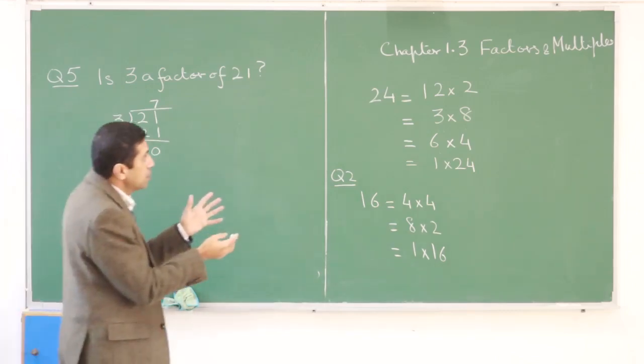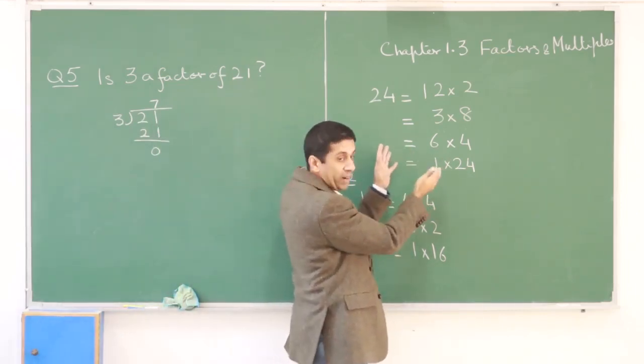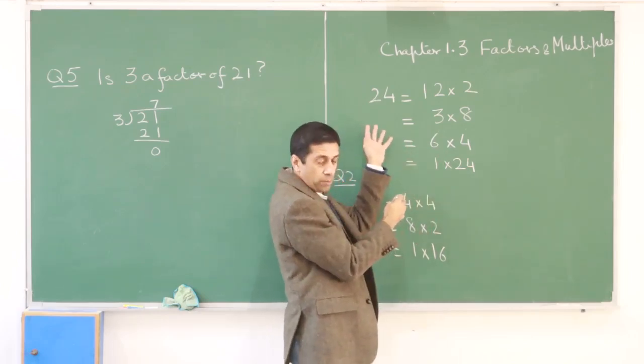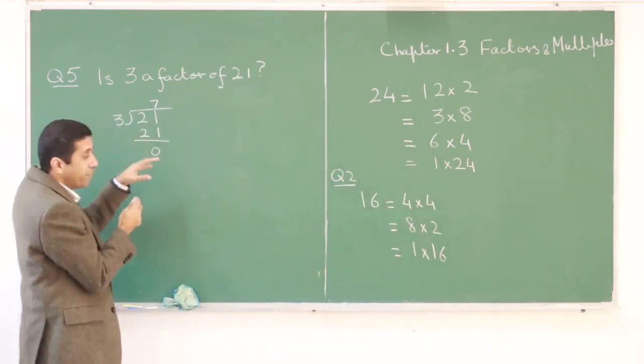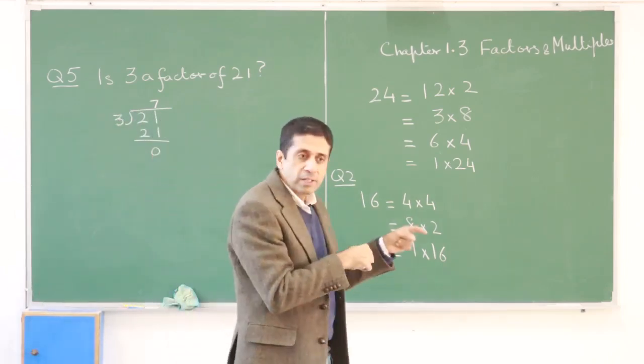See, there we were multiplying things to find the factors of 24. We looked at all the different ways you could multiply numbers and get 24. Now somebody asks you: is 3 a factor of 21? So you divide 21 by 3 to get 7. Why did you do that?